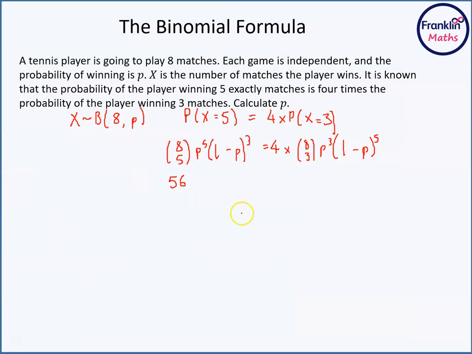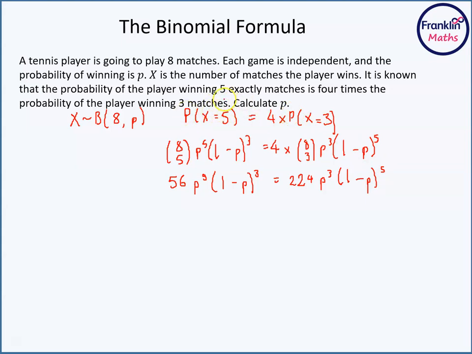Okay, so we're going to have 56 p to the 5, 1 minus p cubed. Now we know that 56 times 4 is 224, p cubed, 1 minus p to the 5.